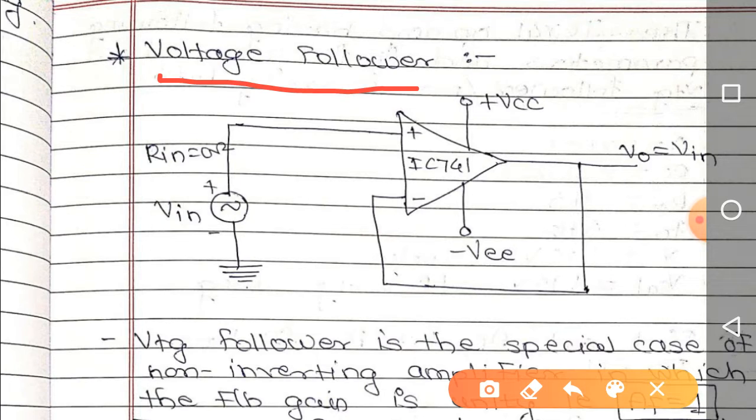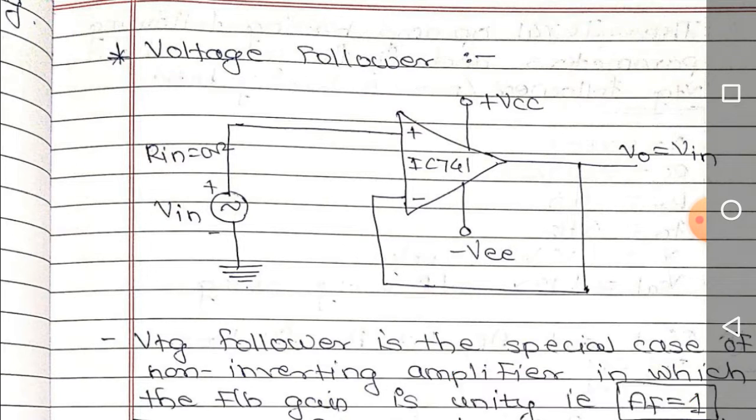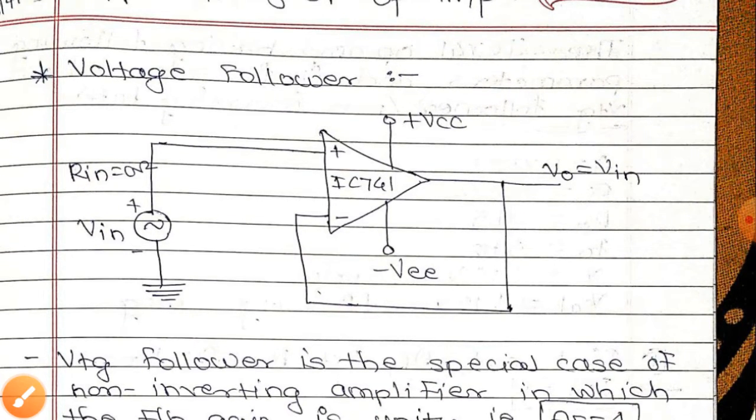See in a diagram, symbol of the op-amp, voltage applied at non-inverting terminal, Vin.